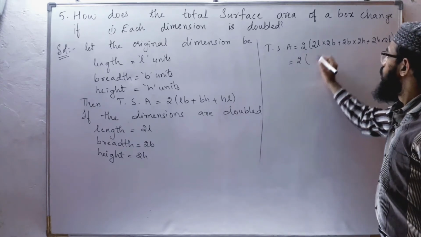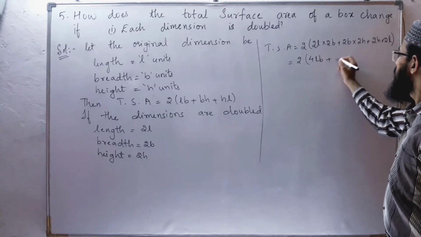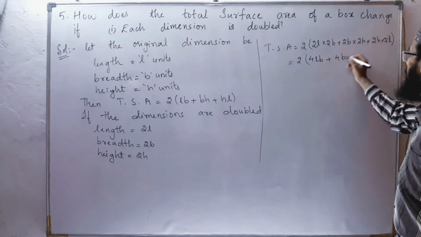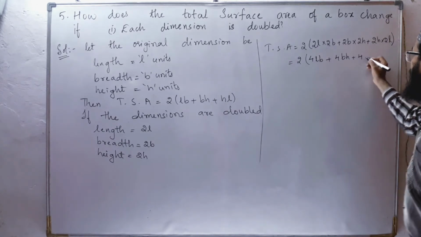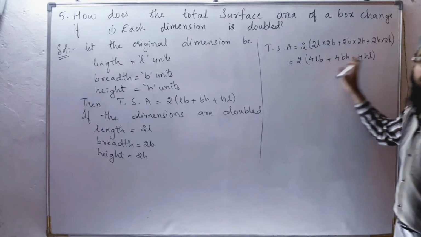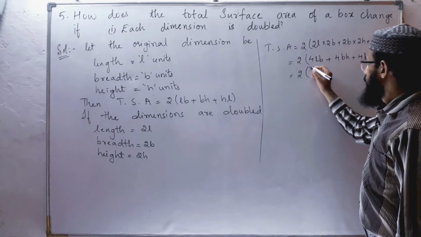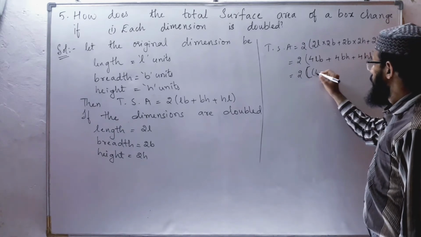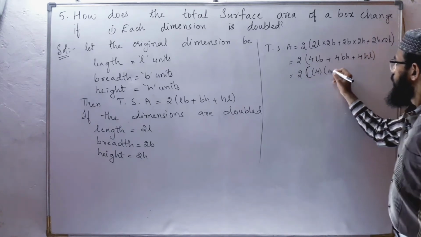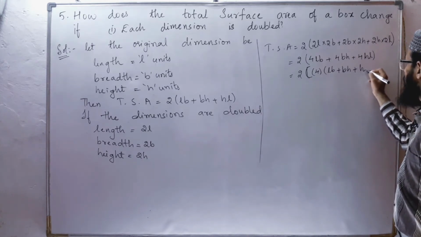Next, 2 2s are 4, 4 into LB plus 4 into BH plus 4 into HL. Now we can take 4 common, so we get 2 into 4 common, LB plus BH plus HL.